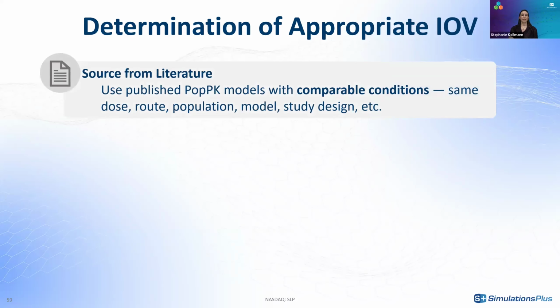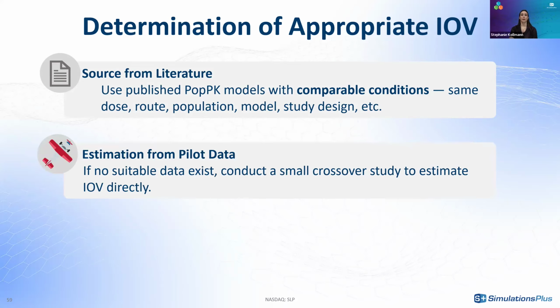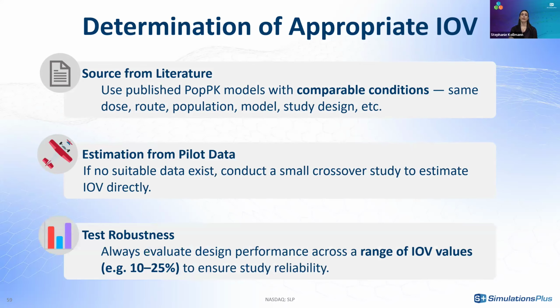The assumed IOV should ideally come from published POP-PK studies under comparable conditions, like same dose, route, population, model, study design, etc. If no suitable data exists, a small pilot crossover can be run to estimate it directly, and in any case, it's good practice to test study robustness across a range of IOV values, say from 10 to 25%.